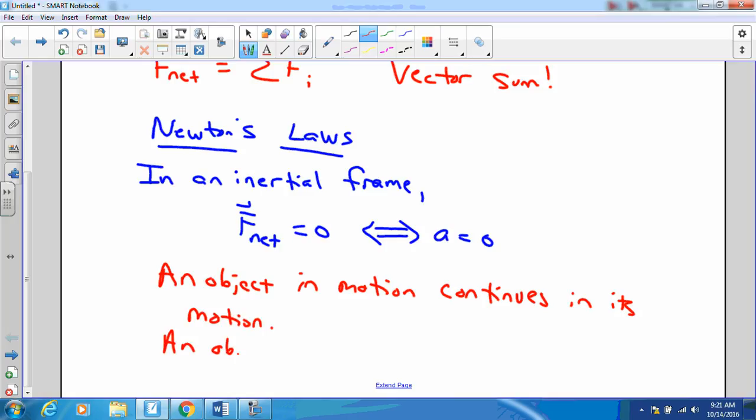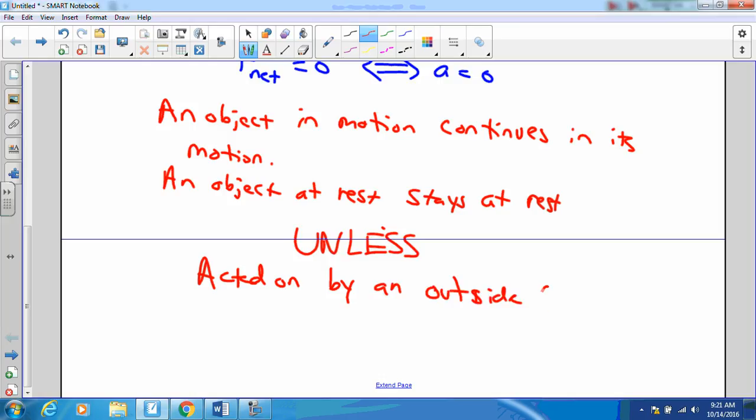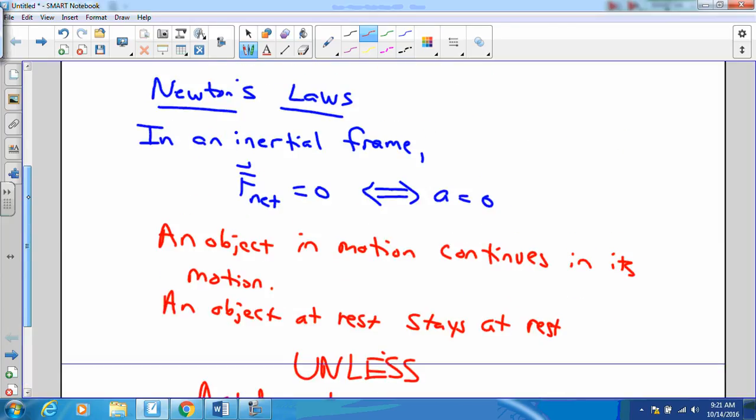An object at rest stays at rest unless acted on by an outside force.